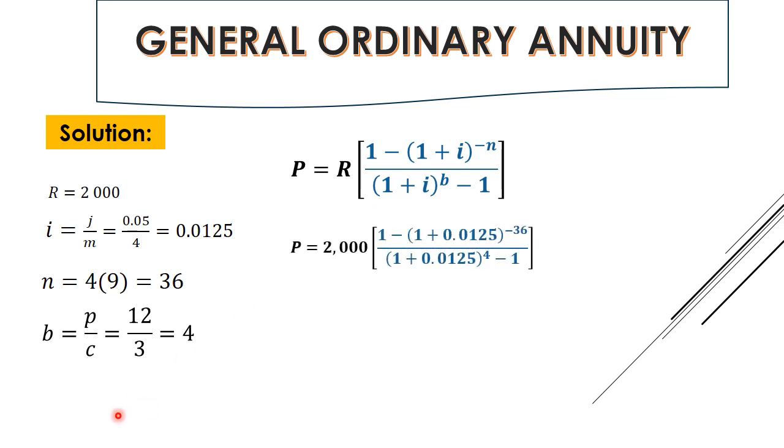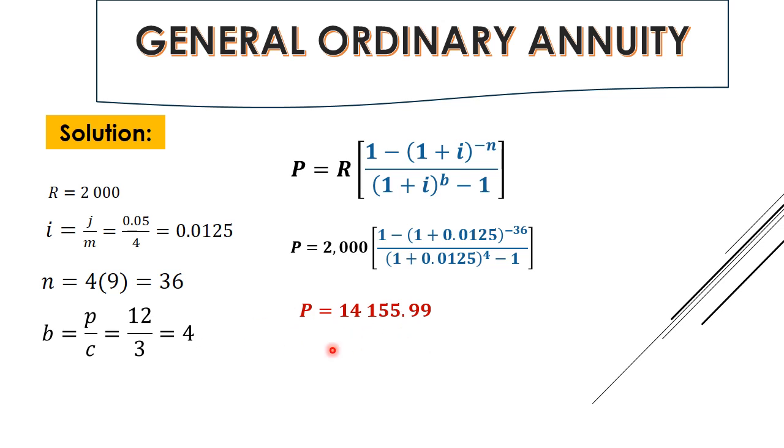We have P equals 2,000 times 1 minus 1 plus 0.0125 to the power of negative 36 over 1 plus 0.0125 to the power of 4 minus 1. So try to simplify this and solve the value using your calculator. So the answer would be P, or the present value, is 14,155.98.